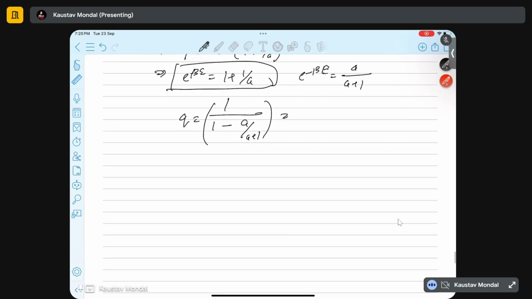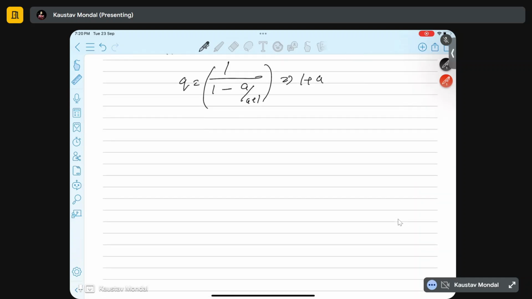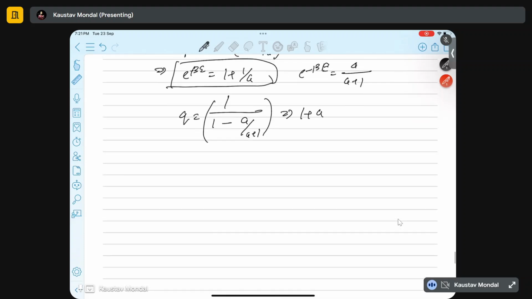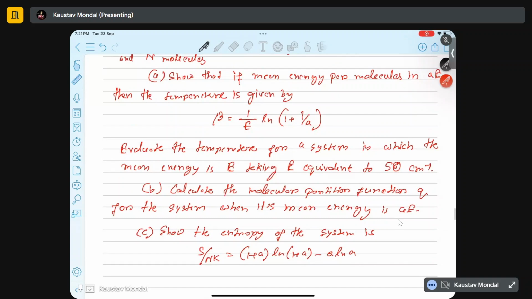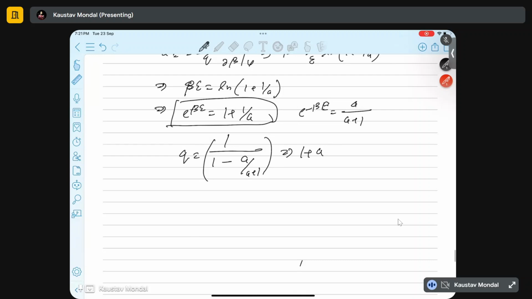So now it will give you 1 plus A. So Q is basically giving you 1 plus A, right? Now if you substitute this, Q equal to 1 plus A, is basically the answer itself.